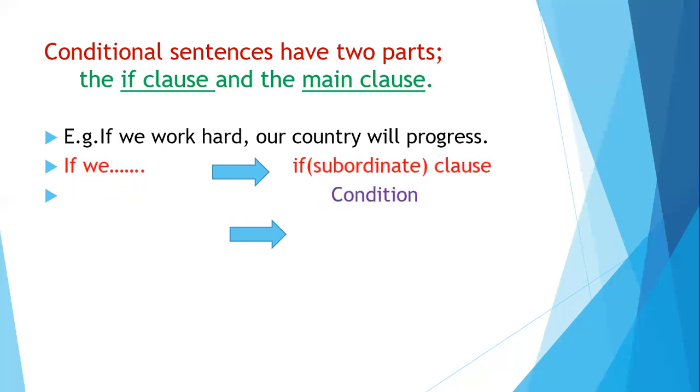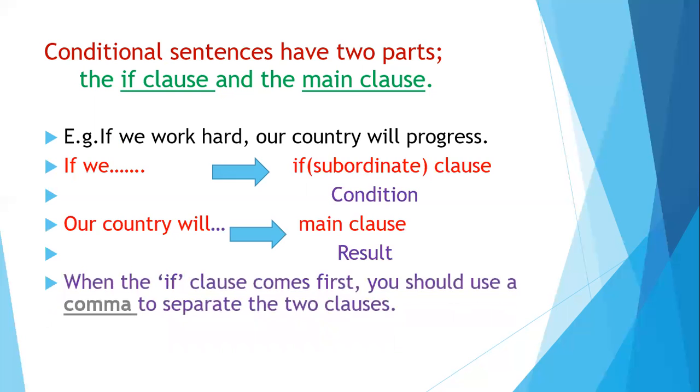Usually we call the if clause the subordinate clause, which gives you a condition. The main clause usually talks about the result. Let's look at some more examples later. Okay. Look at the next point.